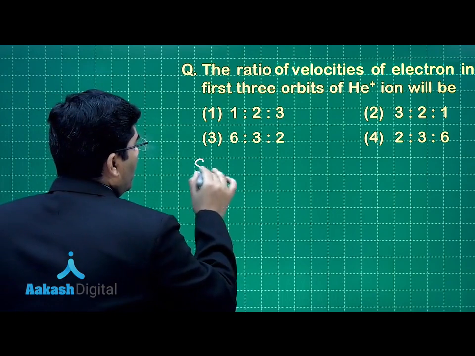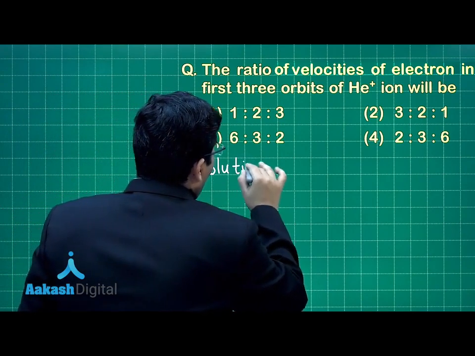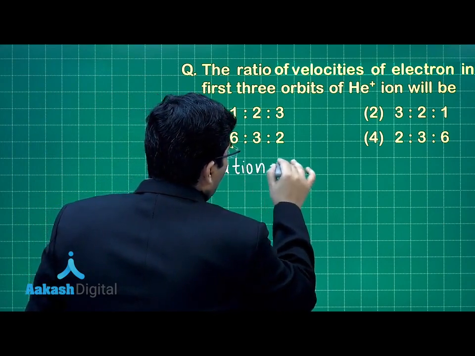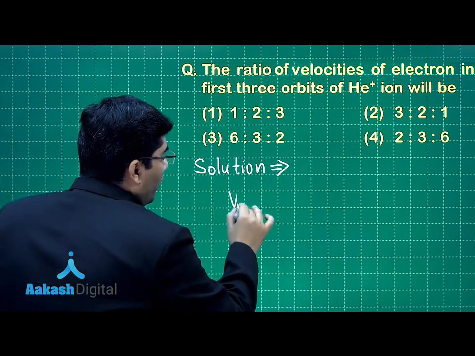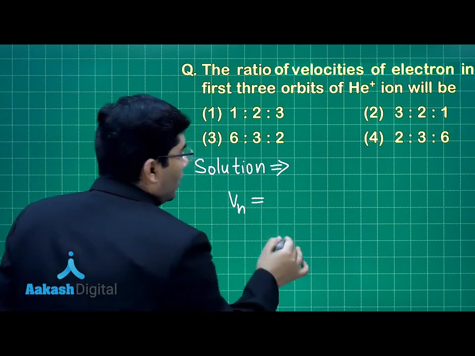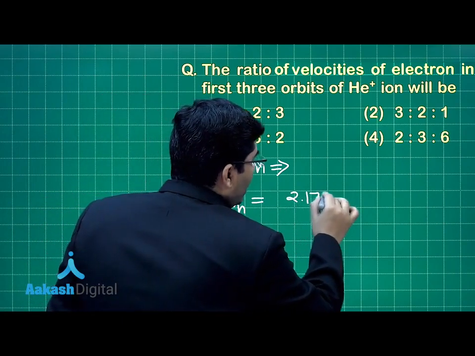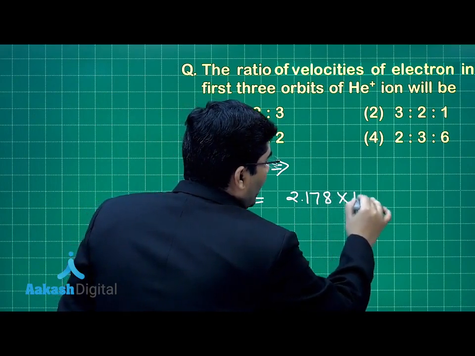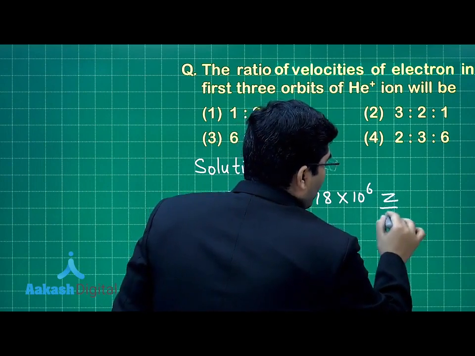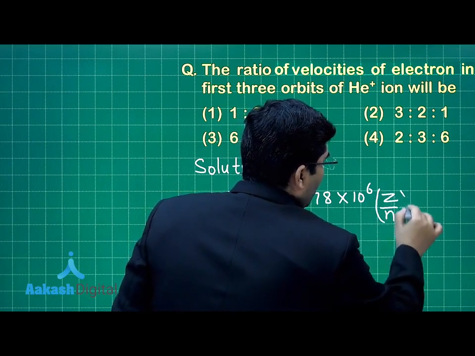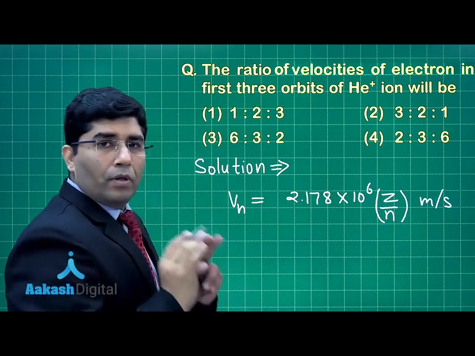So the solution. First we have to write the value of velocity, that we have already studied, it is equal to 2.178 into 10 to the power 6 z by n meter per second, right?